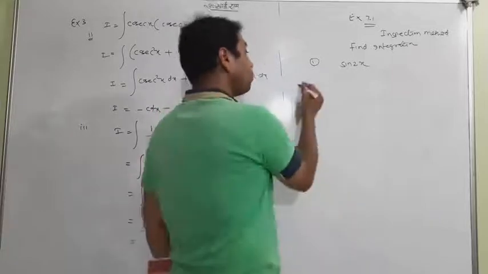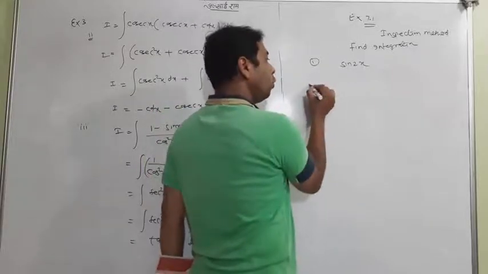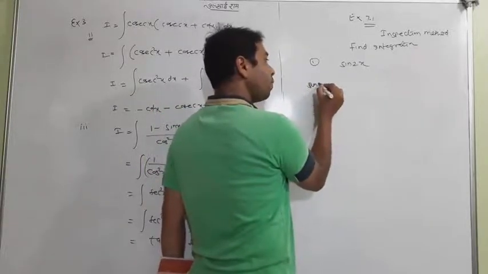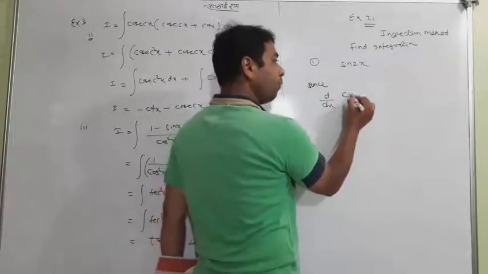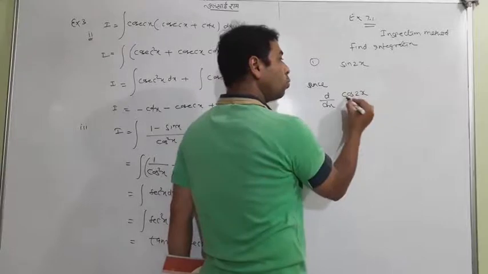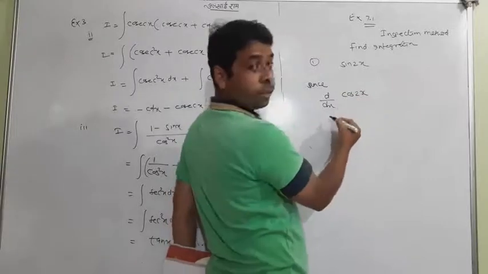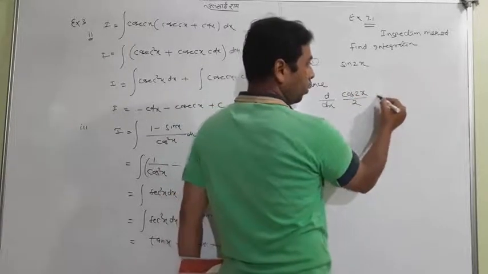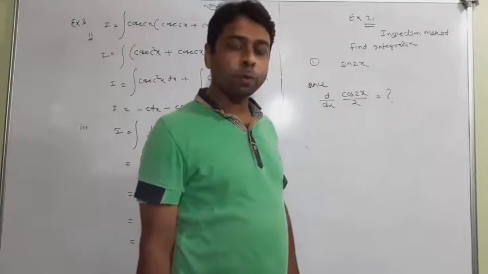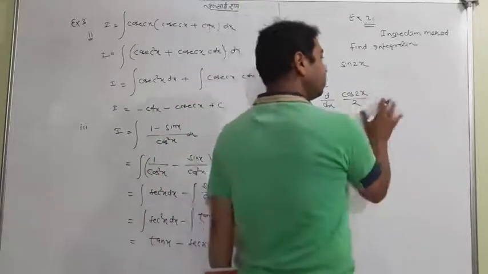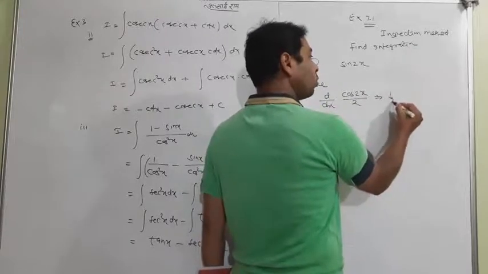Okay, look, I tell you, we know d by dx of cos 2x upon 2. I ask you one question: what is d by dx of cos 2x by 2? So the answer is very simple. 1 by 2 is a constant value.